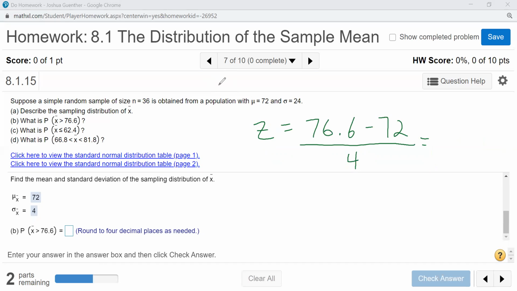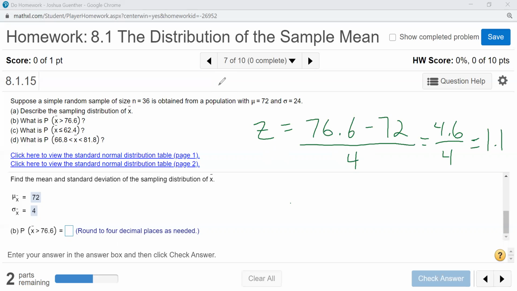Which 76.6 minus 72 is going to be 4.6, and then we're dividing by 4.